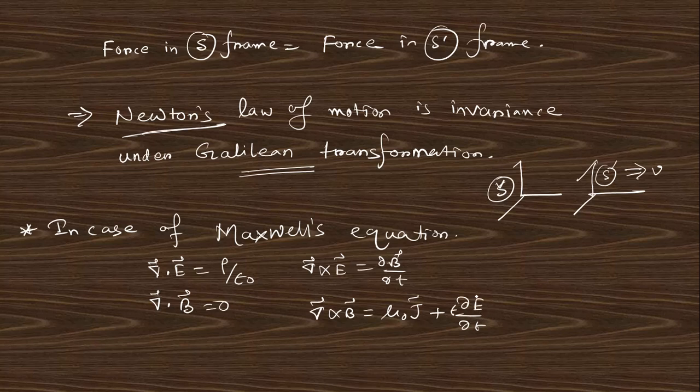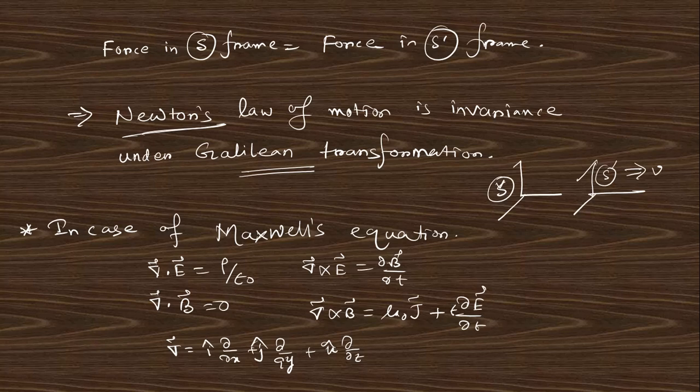Clear? These are the Maxwell equations, and I think you know the del operator is nothing but i cap del del x plus j cap del del y plus k cap del del z, and this is curl and this dot is divergence.